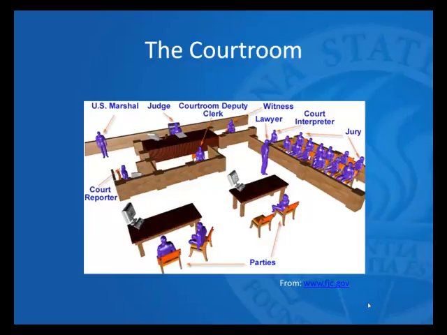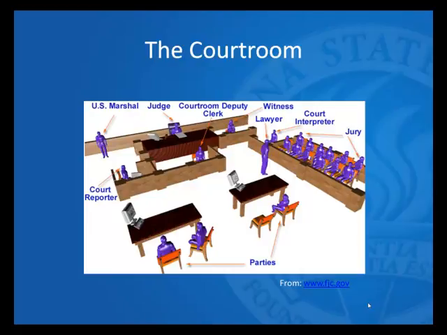There is a court reporter and a deputy clerk who will sit typically in front of the judge, usually below and in front of the judge, and they are officers of the court. And then there's a witness box. Typically the witness box is between the judge and the jury, and then if there's a need for an interpreter, that interpreter will typically be between the witness and the jury.